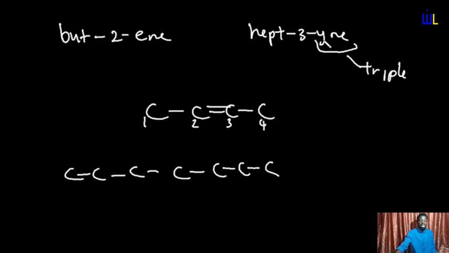It is an alkyne, which means there's a triple bond, and it is placed between the third and fourth carbon. Remember I told you that once you have a number represented here, the position of the multiple bond is between the represented number and a higher number. So this is going to be hept-3-yne. Allocating locants 1, 2, 3, 4, 5, 6, 7. 3 is here, so the triple bond is going to exist between this and this. This is hept-3-yne. Basic, right? Good. So we go to the next rule.